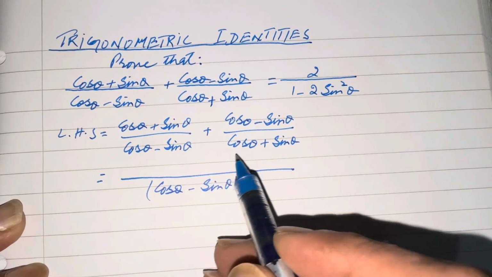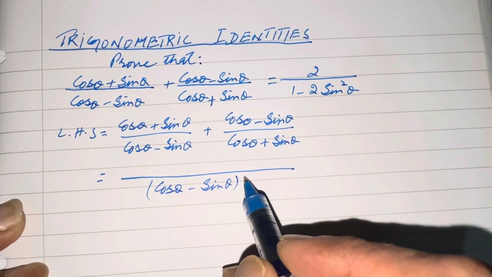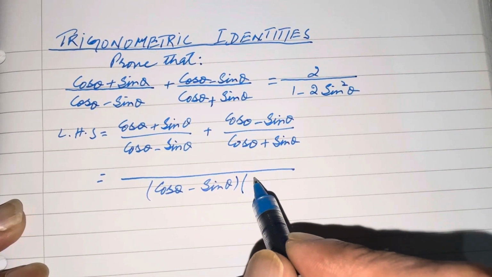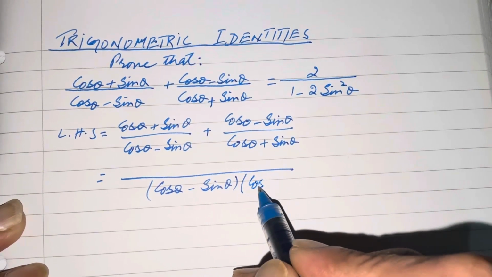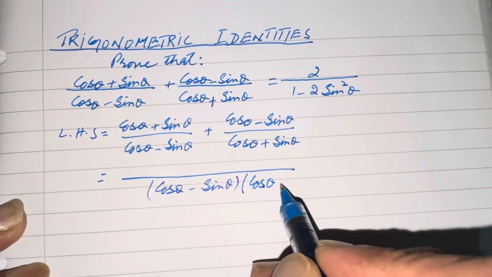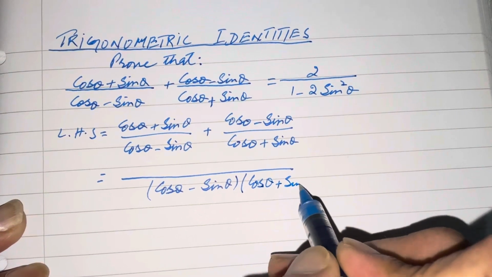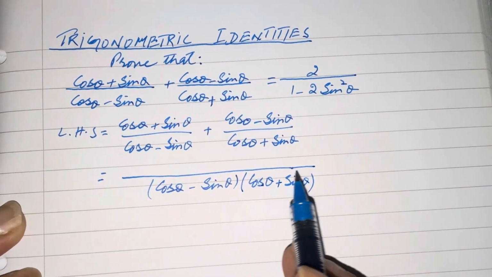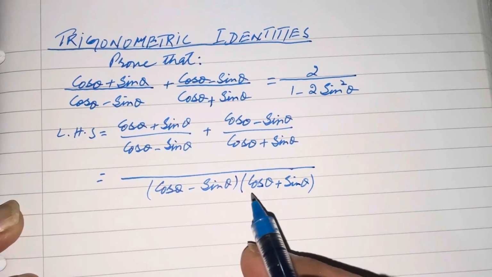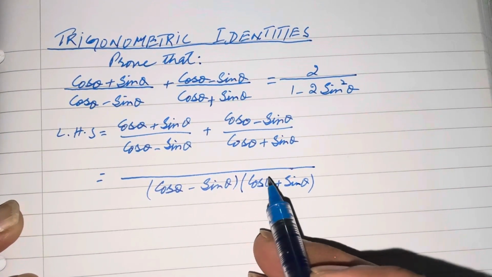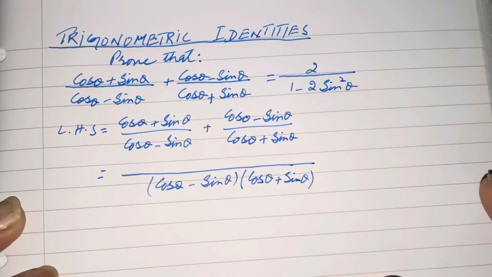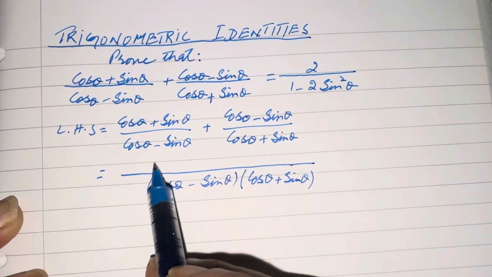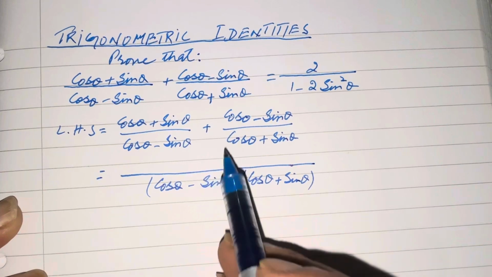So by taking the LCM of these two fractions, the LCM will be cos theta minus sine theta and cos theta plus sine theta. By using the trigonometric identities and algebraic identities, we are going to prove the left hand side is equal to right hand side.